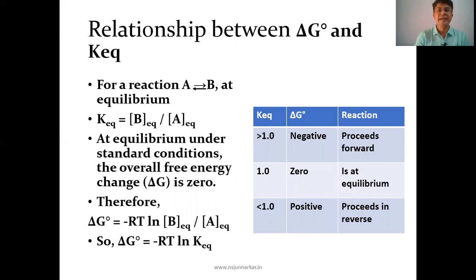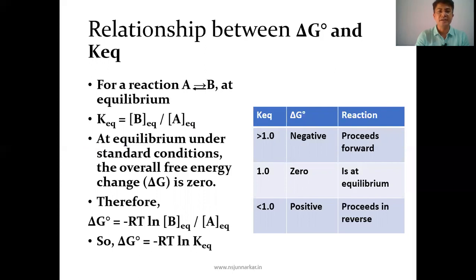For a reversible reaction A to B at equilibrium, the equilibrium constant is given as the concentration of the product at equilibrium divided by concentration of reactant at equilibrium. So at equilibrium under standard conditions, the overall free energy change delta G is 0.